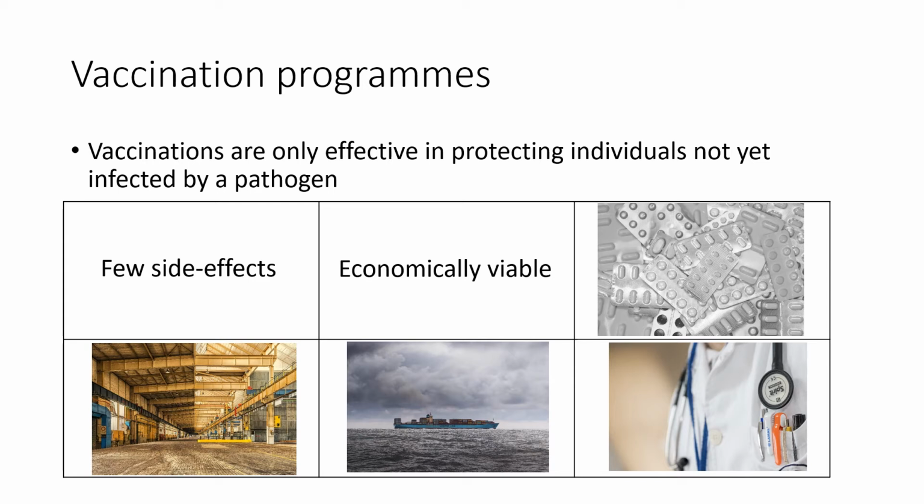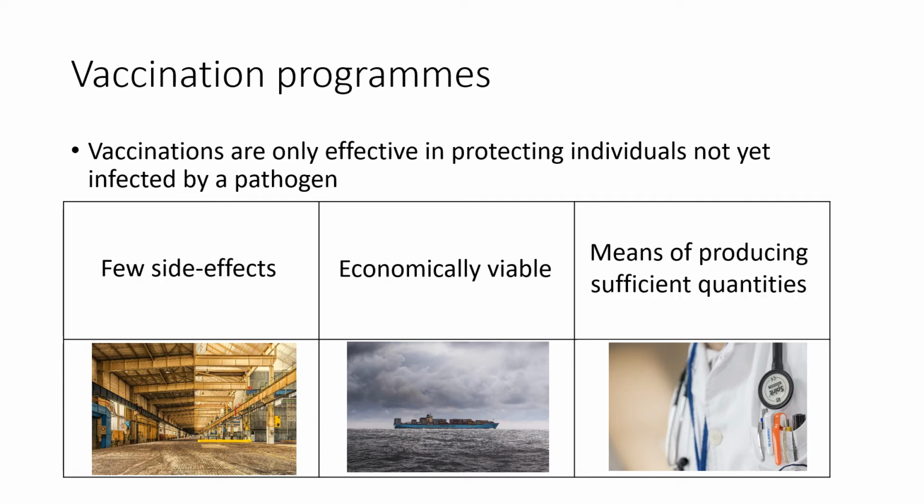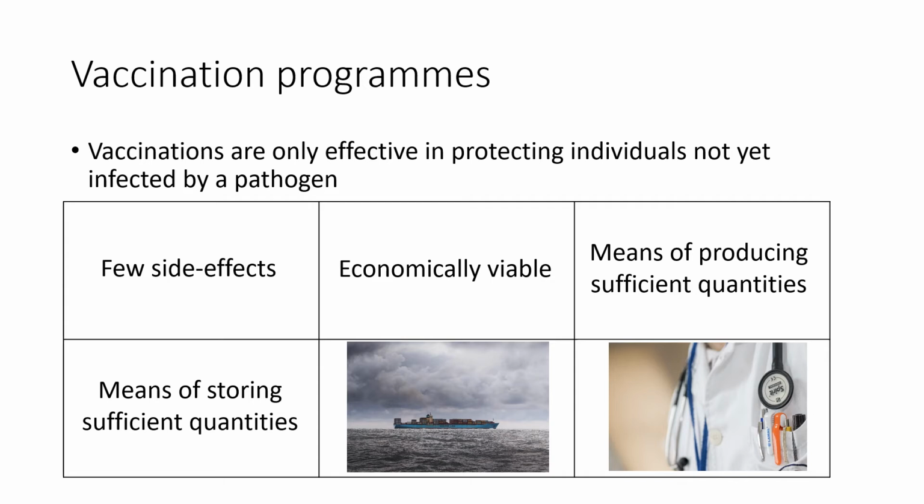The third picture: we have to produce it in large quantities. There's no point producing one vaccination per year when you have millions and millions of people to vaccinate. You need to produce it on a large scale. When you've produced it at large scale, you also have to have somewhere of storing it. And in some cases, you even need special environments to store it in, so you might need fridges, freezers, and so forth, which makes it even more difficult.